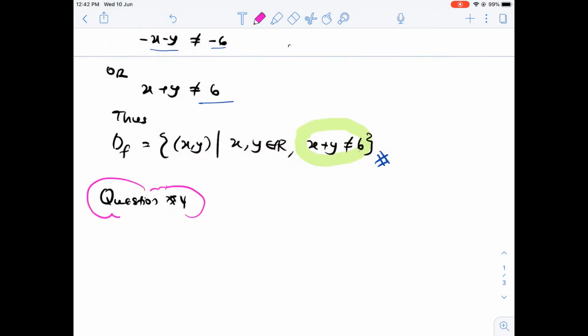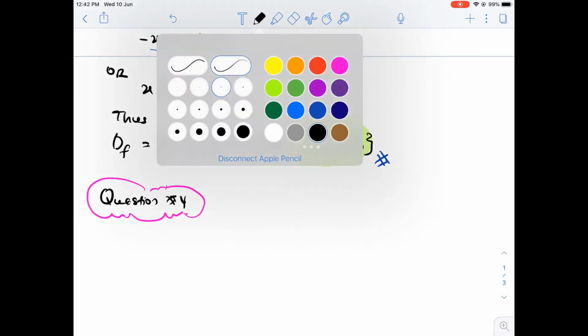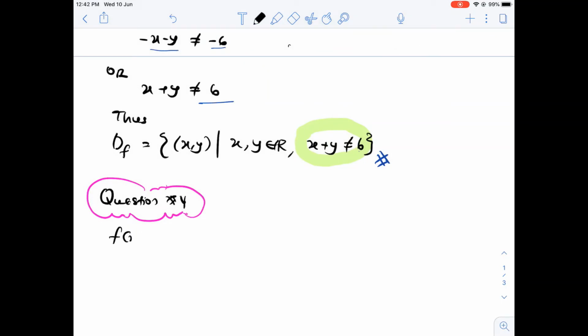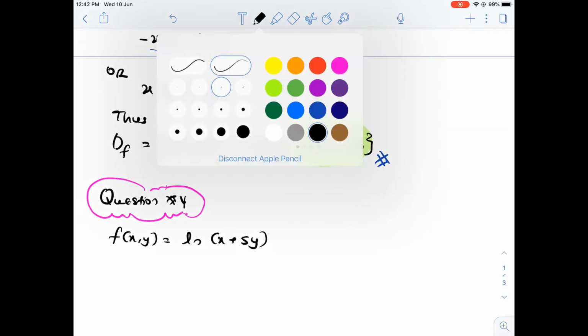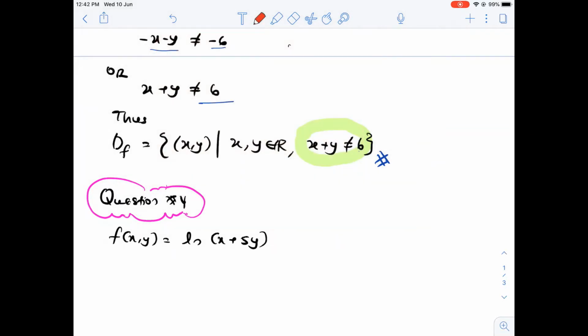Question number 4, we have a function of ln. Alright, a function of ln: f(x,y) equals ln(x plus 5y). Okay guys, for ln or log, if you use your calculator, try to key in ln negative 1.